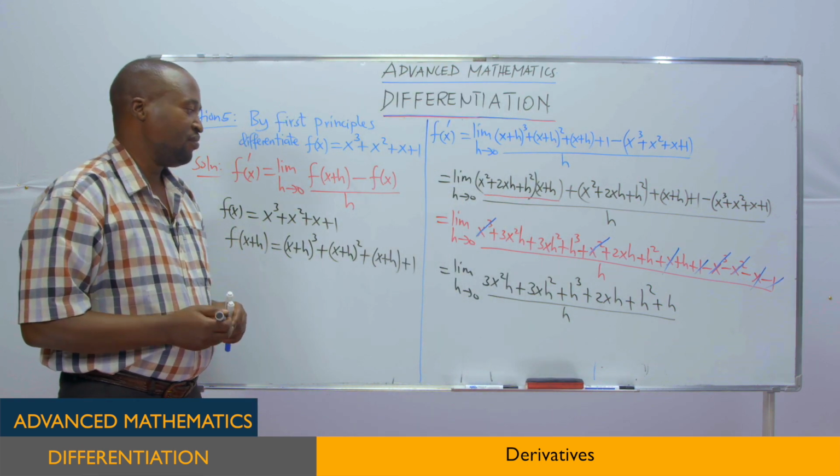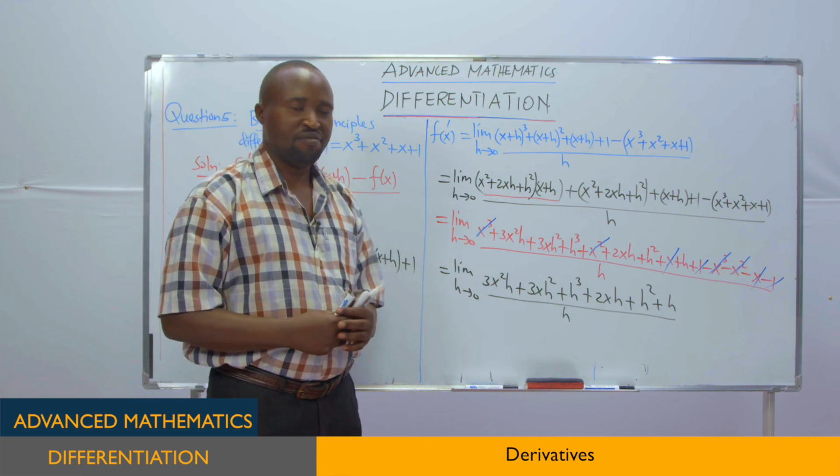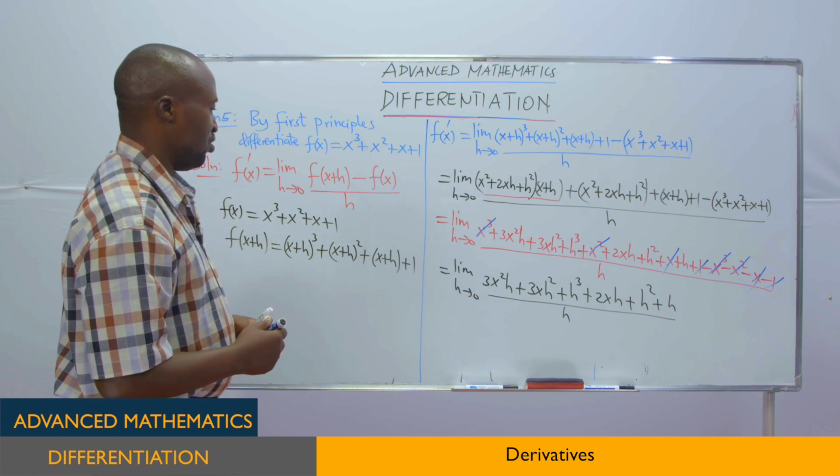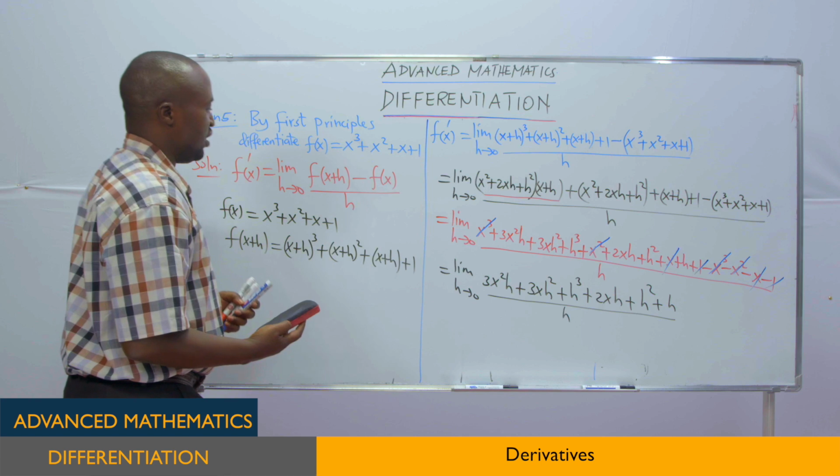Now it is time to divide by h in each term. So on dividing by h, we have the following result.